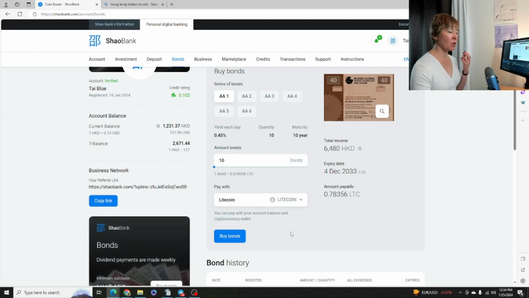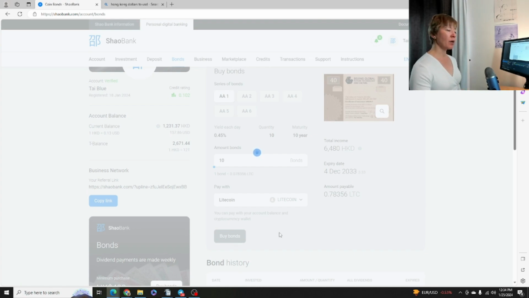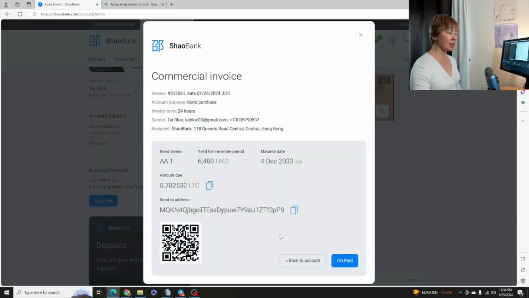Let's just pick Litecoin for this example. If you use a true cryptocurrency, you want to make sure to send the correct amount. So for Litecoin, I would go into my wallet and punch in this exact number. Don't go under, guys. At least have this exact number, or maybe a little bit more.